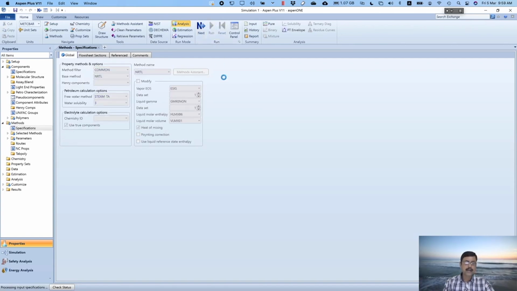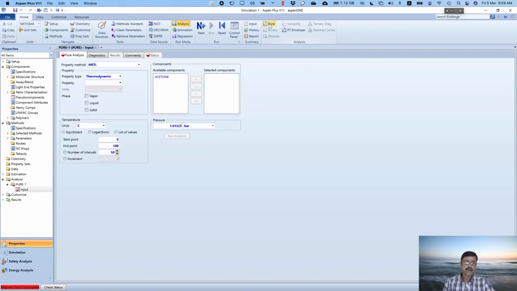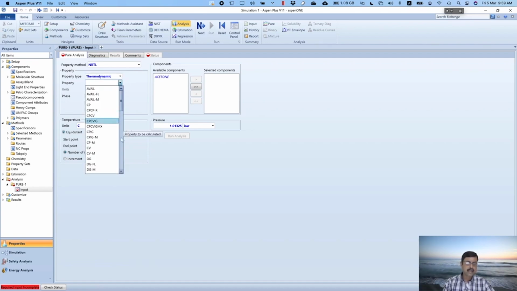Now it's pure component analysis. So we have to bring in the pure component over here. So this is the pure analysis. If you click, there are various property methods like thermodynamic, transport or all. So we choose thermodynamic property method, and they have asked us to find out the density, which is given by rho.